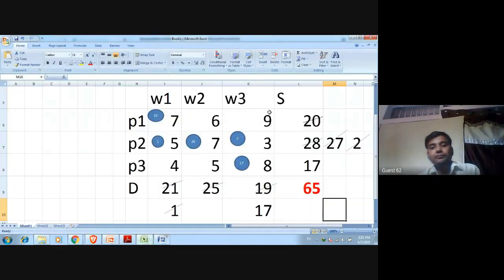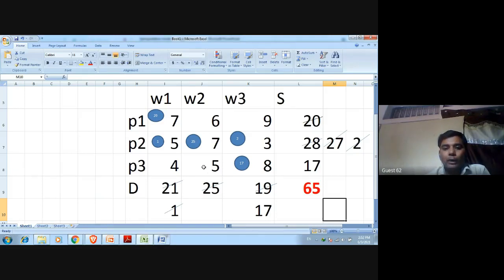Look at here. Here, supply was 20 and demand was 21. So which one is minimum? That is 20. So we have allocated 20. Again, now the capacity of plant P1 has been over. So let's roll down to W2, W3, and again here in the second row, the requirement of W1 is 1 unit, and the capacity of plant P2 is 27 units.